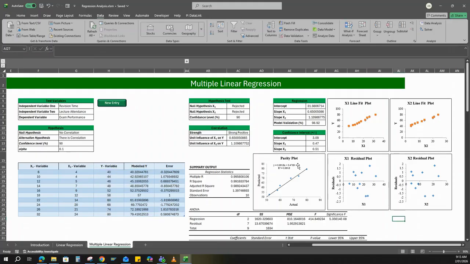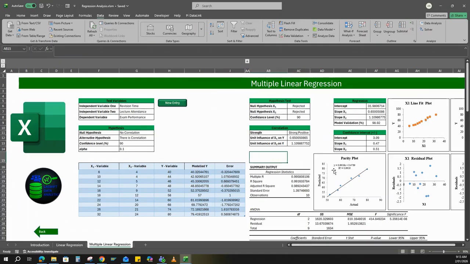This plot is the actual performance of the students against the predicted performance. The predicted performance is the one calculated using the regression equation that accounts for the influence of the two independent variables, which is essentially these two values here.